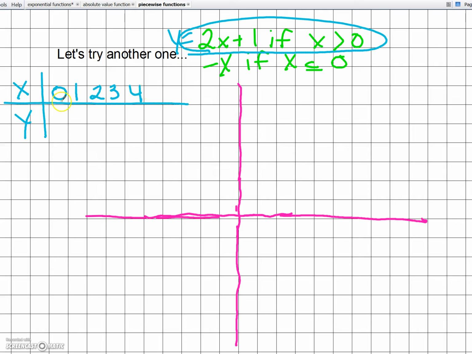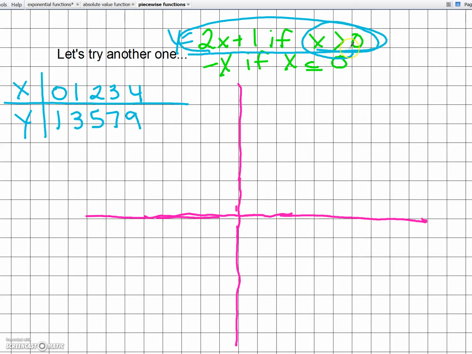2x, 2 times 0 is 0 plus 1 is 1. 2 times 1 is 2 plus 1 is 3. 2 times 2 is 4 plus 1 is 5. 2 times 3 is 6 plus 1 is 7. 2 times 4 is 8 plus 1 is 9. Now we have to go back right here. Is it greater than or equal to, or just greater than?